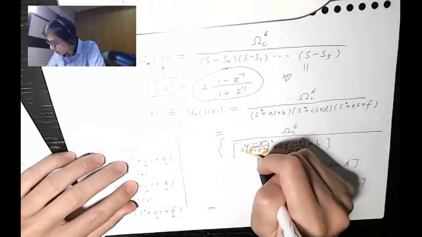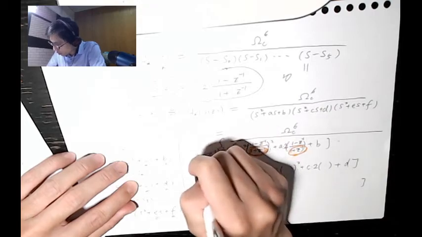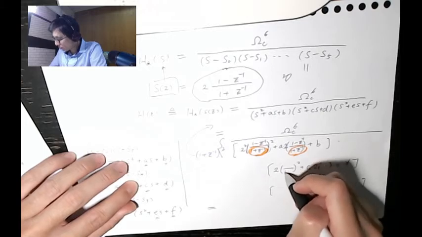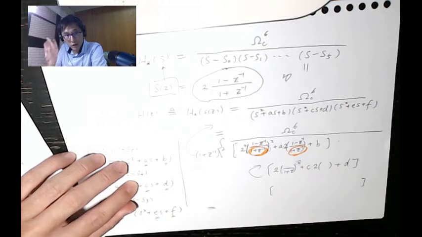Let's move this factor of (1 plus z inverse) squared from the bottom to the top. Similarly here, (1 plus z inverse) to the 2nd power, let's also raise it to the numerator.